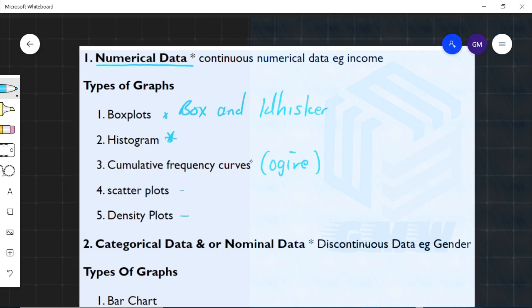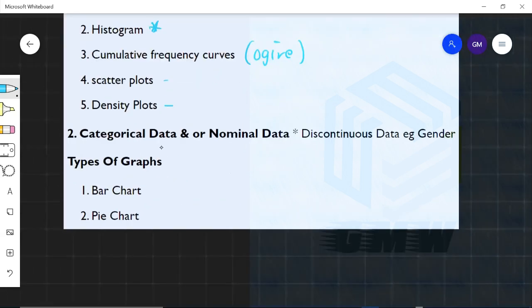We have density plots. All these graphs quickly give you a picture of what is happening in numerical data. Then, if it is categorical data and or nominal data, we have bar charts. A bar graph can quickly give you a picture. A pie chart as well.